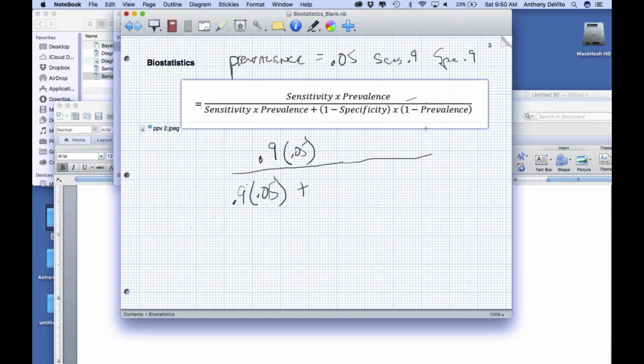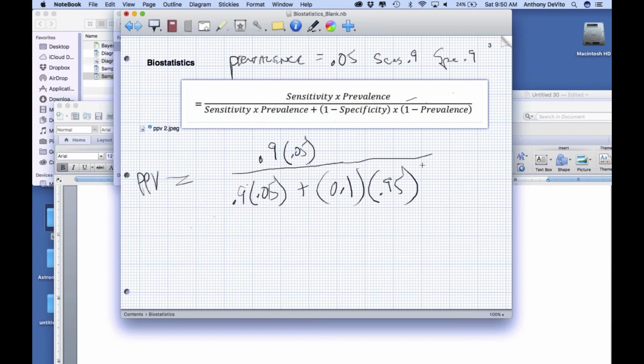So this is really just the false positive, plus 1 minus the specificity, which is 0.1, times 1 minus the prevalence, which was 5%, which is 0.95. Okay, so if we work that out, we're going to get the positive predictive value.